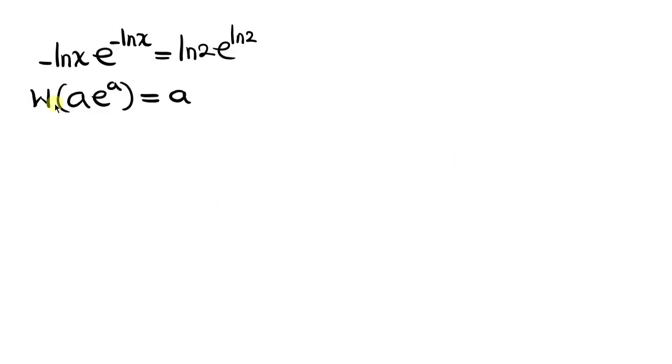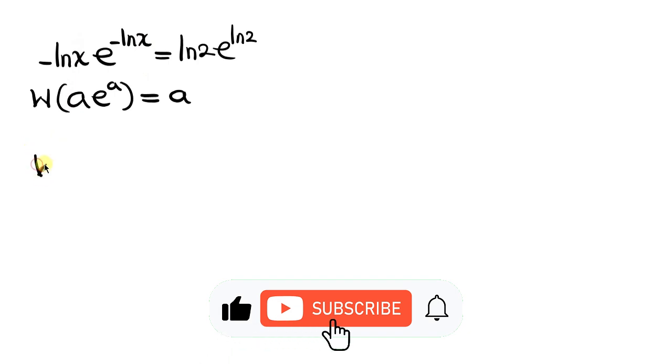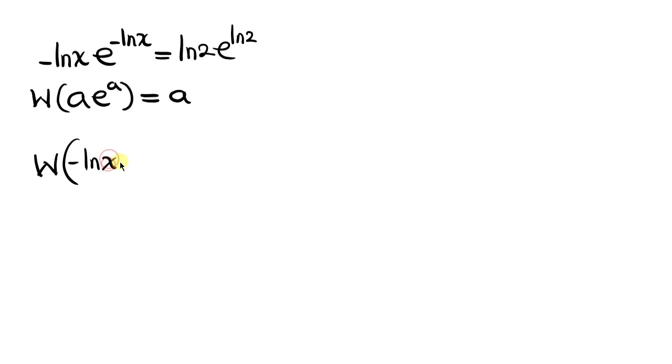So I'll take the Lambert W function of the left-hand side. So this is W of negative ln x times e to the negative ln x equal to, for the right-hand side, ln 2 times e to the ln 2.